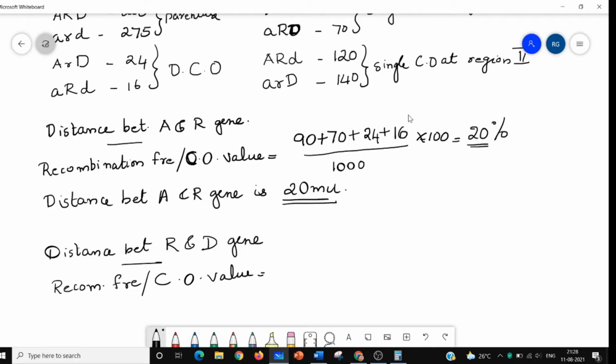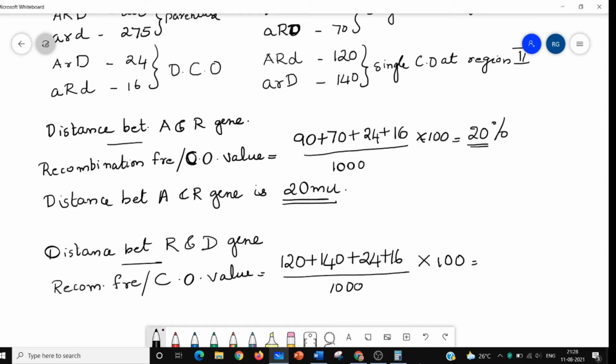As you can see here, it is 120 plus 140, plus we add the number of double crossovers also, divided by 1000, the total number of offsprings, into 100.